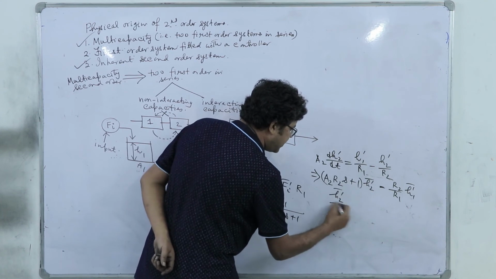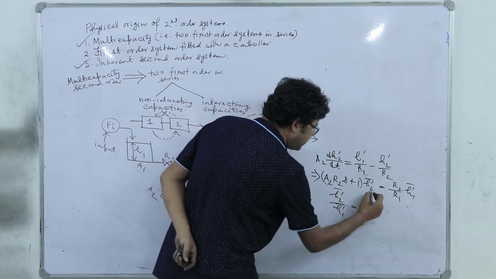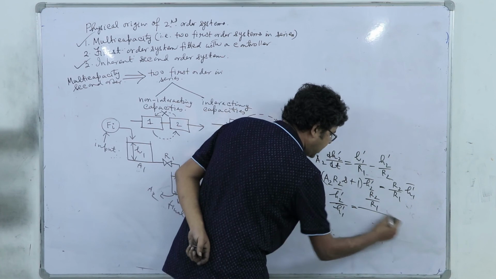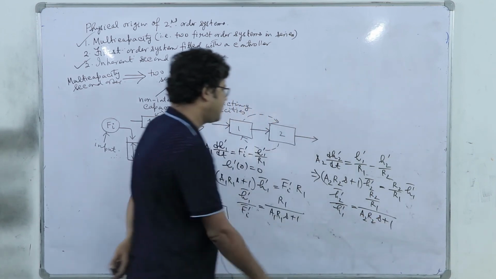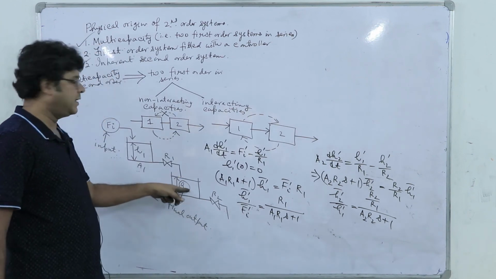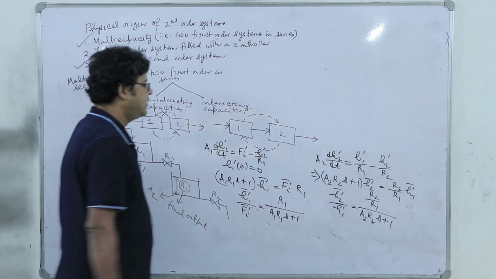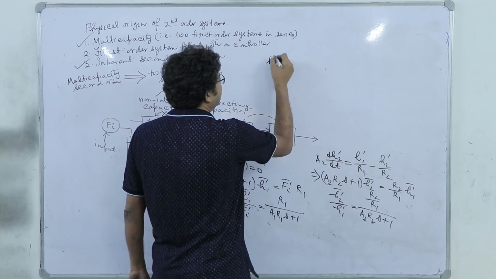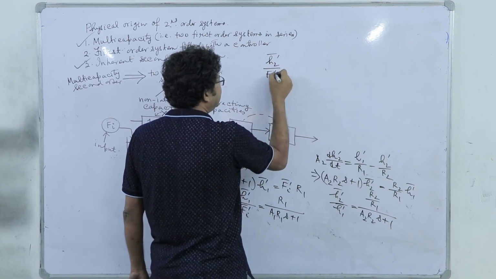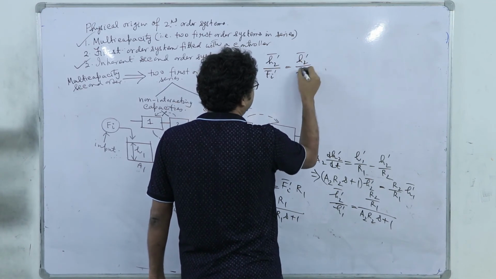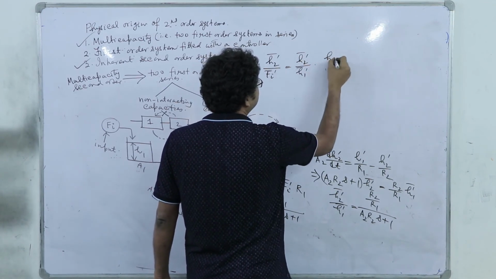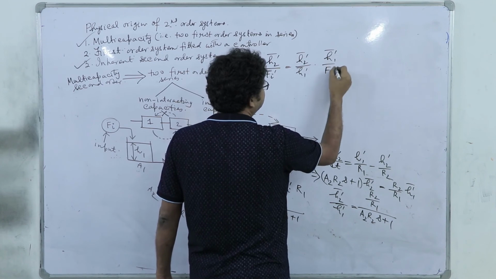So, H2 prime bar divided by H1 prime bar is R2 by R1 divided by (A2 R2 S plus 1). Now, finally, the output is H2 and input is Fi. So, H2 prime bar divided by Fi prime bar is H2 prime bar by H1 prime bar into H1 prime bar by Fi prime bar.